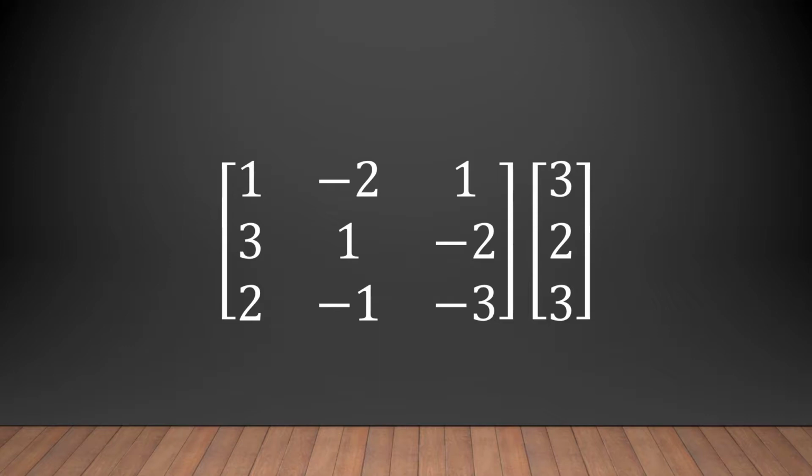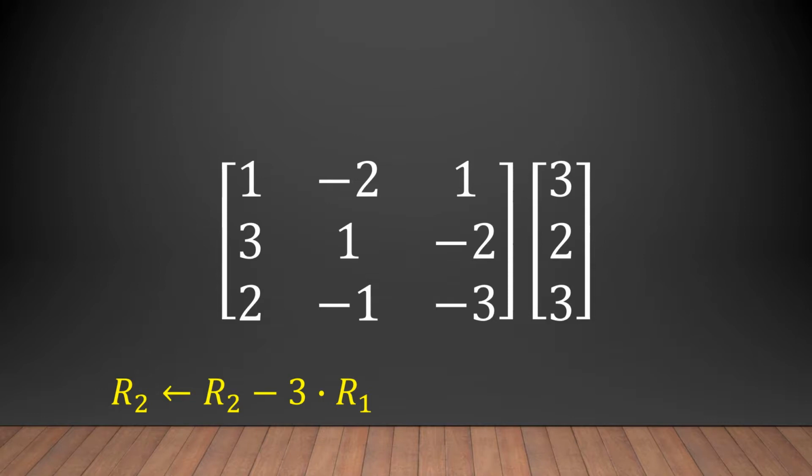Well, if we use that third rule that I talked about, we take the second row and subtract from it row 1 multiplied by 3. 3 times 1 minus 3 will give us a 0. The way we write that is row 2 is replaced by row 2 minus 3 times row 1.